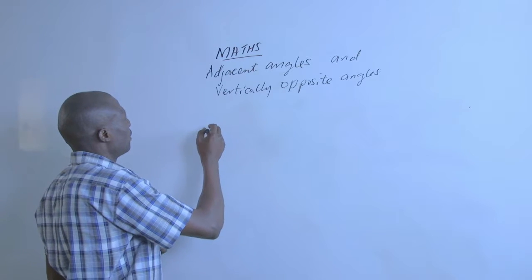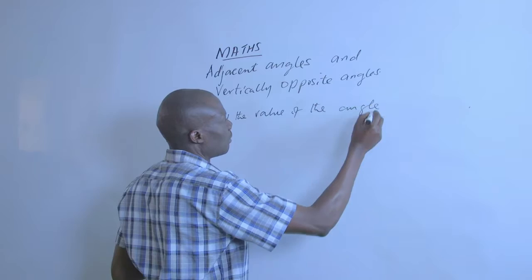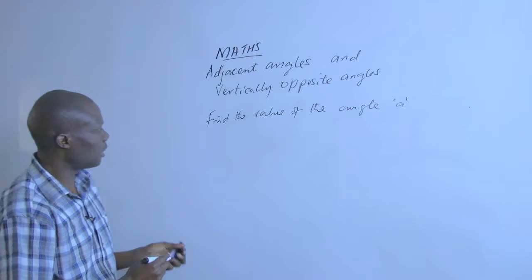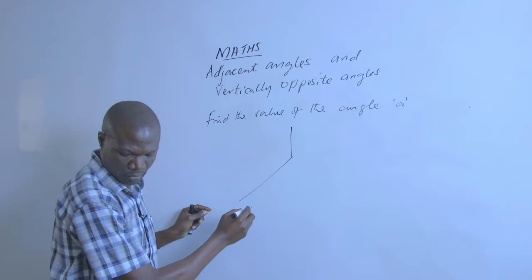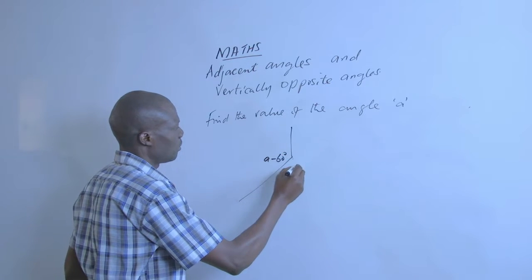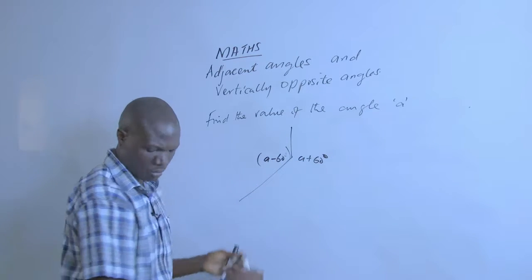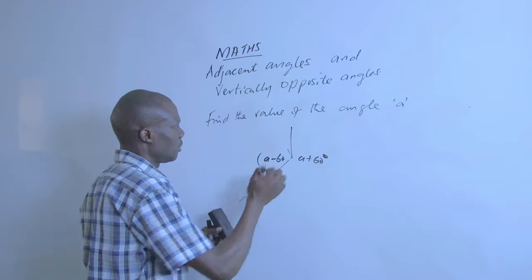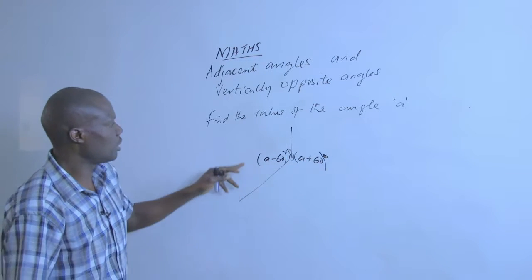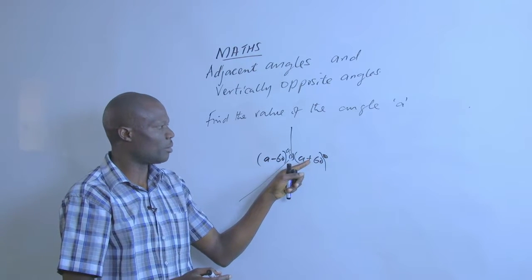Find the value of the angle marked with the letter A. In this question, we have the angle A minus 60 degrees, and on this side we have A plus 60 degrees.